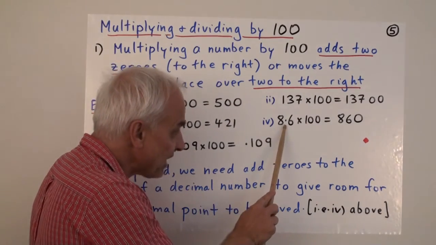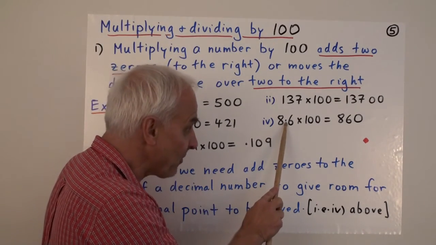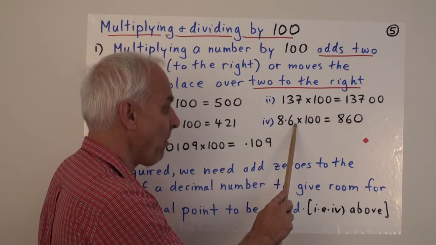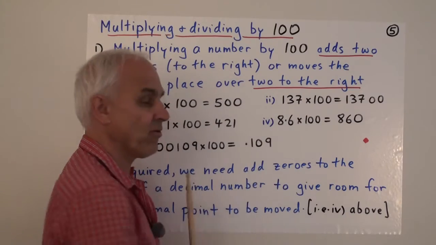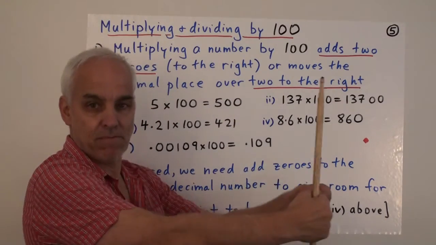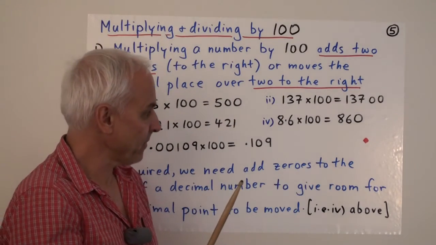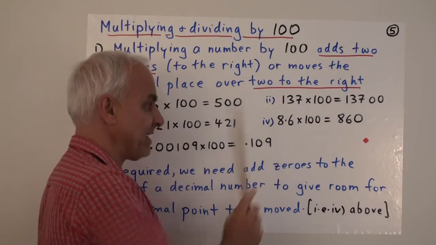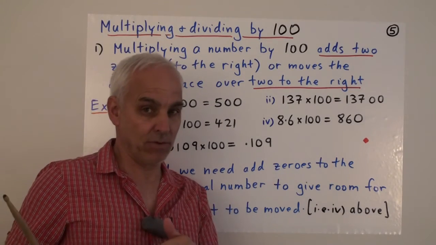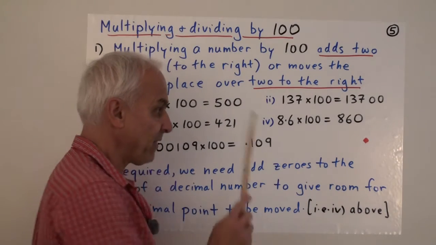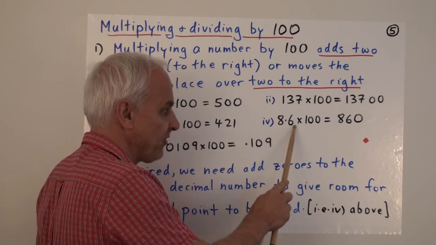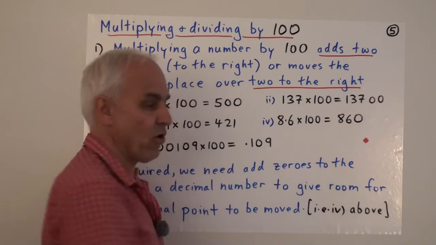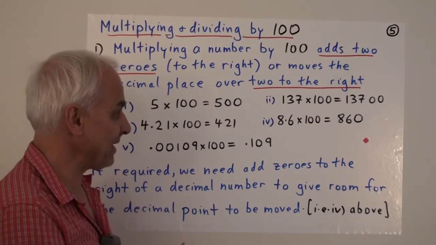If we need to move this decimal point over 2 places, we can do 1, no problem. But if we want to move it 1 more, we have to add a 0 to the right to give the decimal point some place to go. So 8.6 is the same as 8.60. And if we think of it as 8.60, then it becomes easier to see what happens. We get the decimal place moving over 2, and we get 860.